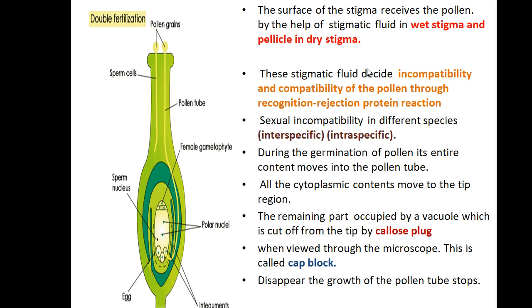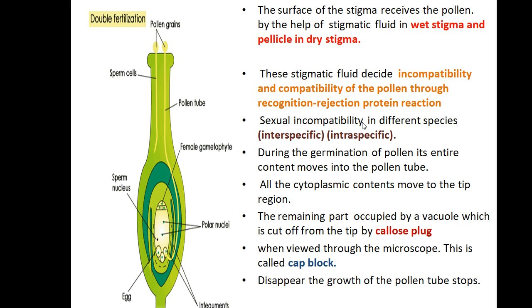So similar is compatibility and non-similar is incompatibility. This compatibility and incompatibility will be determined by the stigmatic fluid through the recognition rejection protein reaction. The reaction that decides whether it is allowed for the fertilization or not allowed for the fertilization is done by this recognition rejection protein reaction.